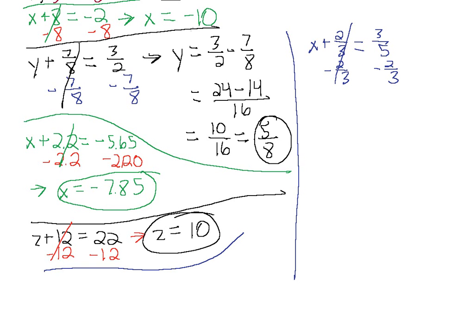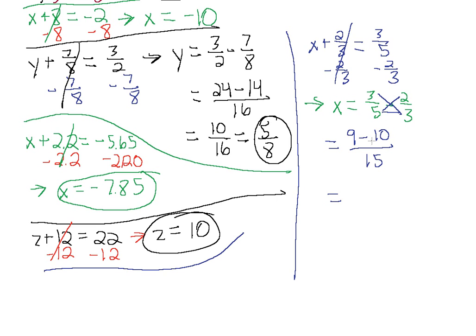This will cancel, and that'll just leave us x on the left side, and on the right side we have 3 over 5 minus 2 over 3. Let's go ahead and use cross multiplication to finish off this problem. 3 times 3 is 9, minus 5 times 2 is 10, divided by 5 times 3 is 15.